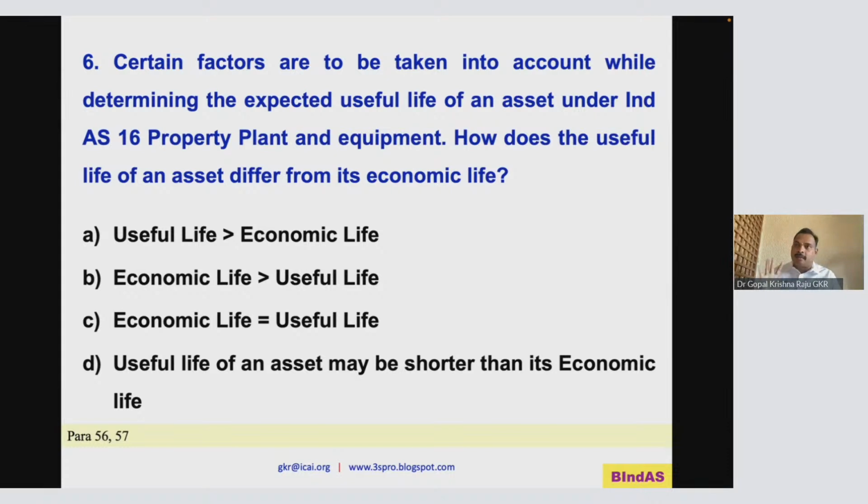We have only taken the explanation from the management, and we are satisfied with that. Like that, the key audit matter will be there. So the lesser the useful life, the higher the depreciation. The higher the useful life, the lesser the depreciation. It will have an impact on profit. So please understand this, very, very sensitive. You will feel all the answers are correct, but the correct answer is D.